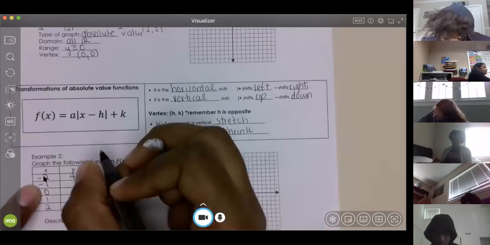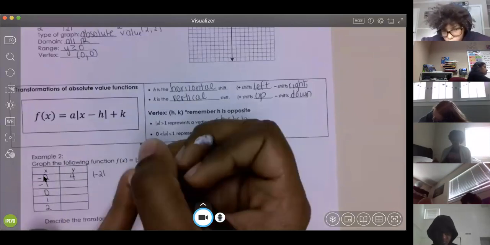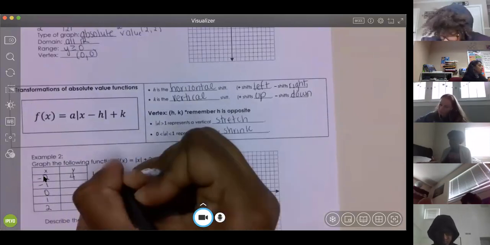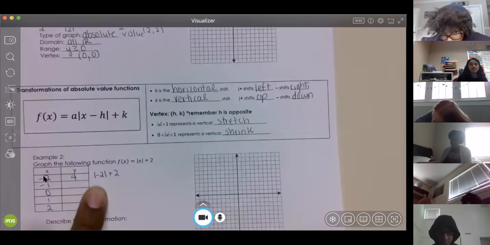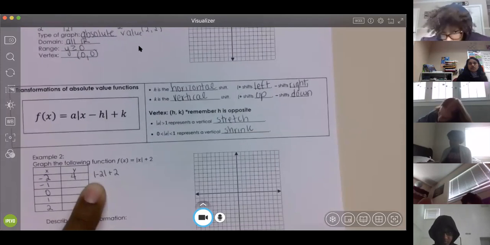So you plug in -2 for x, and then add 2. What is the absolute value of -2? It's +2. And then +2 plus 2 is 4. Does that answer your question? Yeah. Cool. Sometimes it's a little bit tricky, so feel free to pause me.